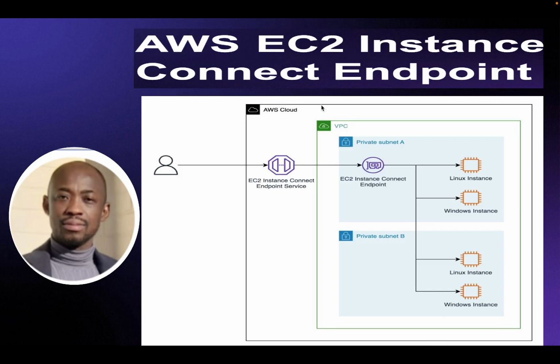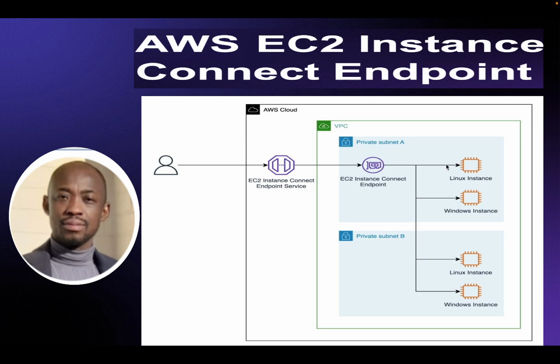So what we are going to do, we have our AWS account. We have already configured our VPC, with one private subnet and one public subnet. We have an existing Linux-based EC2 instance in the private subnet. It doesn't have a public IP, so we cannot straight away SSH into it.